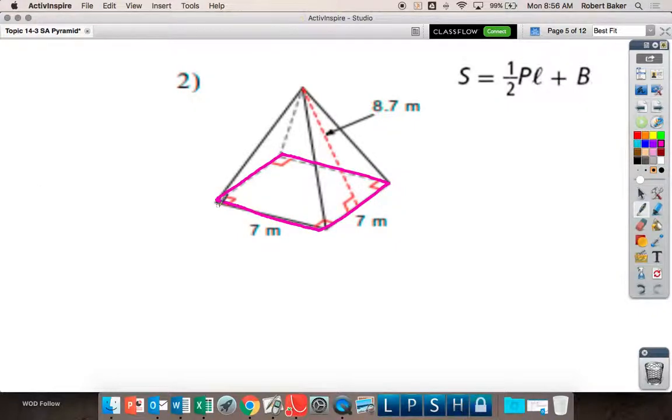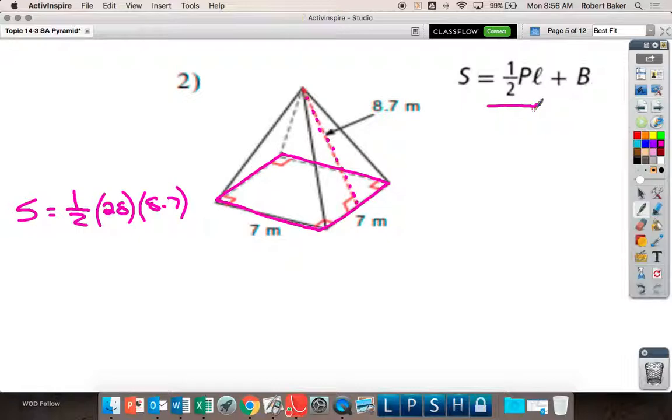So as we use our formula, the surface area is equal to 1/2 the perimeter of the base. 7 plus 7 plus 7 plus 7, 28. Times the slanted height. So that's this part of the formula.